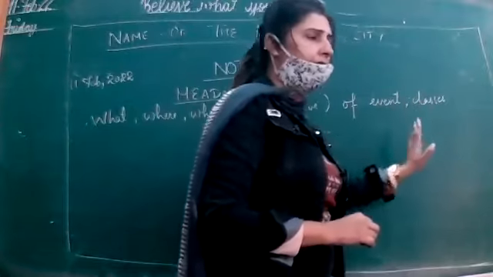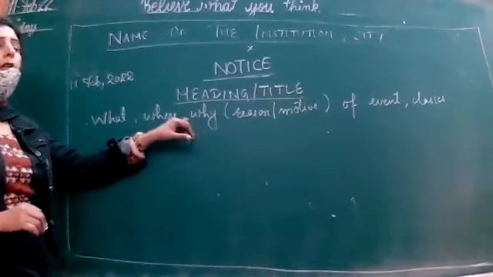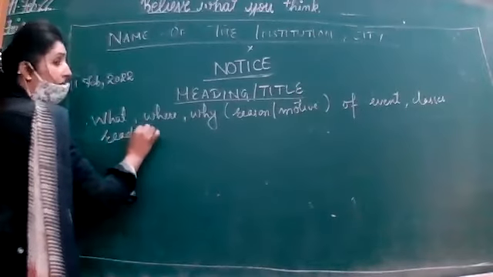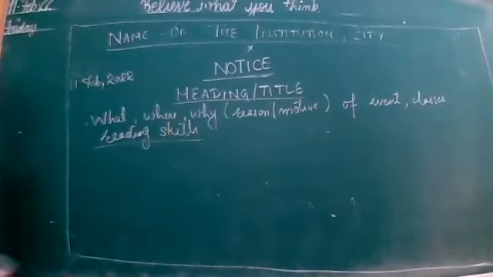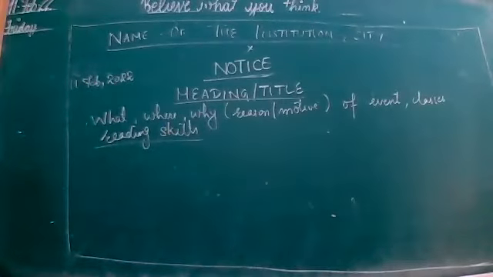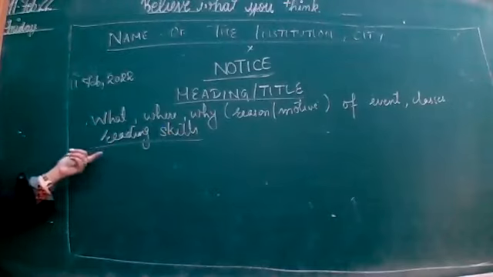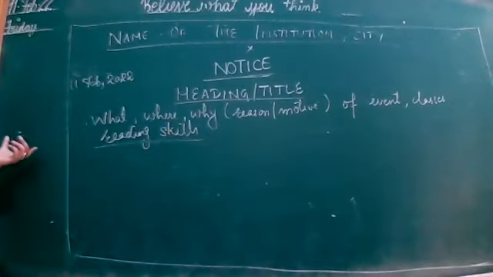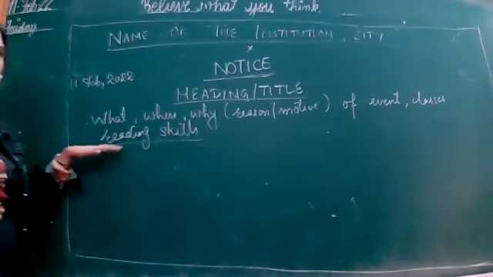Why? To develop reading skills, or to develop students' interest in reading books. Mention the reason. Sometimes we celebrate some days, and for that reason we write that we are going to celebrate it.